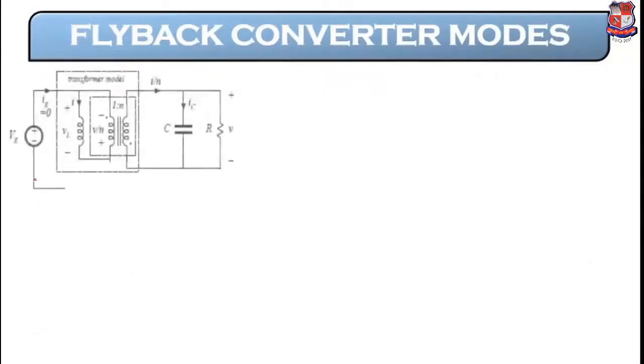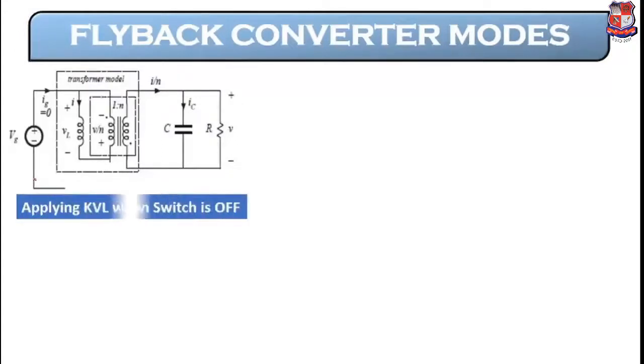In this we will be studying how to write the KVL equations for when the switch is off. So when the switch is off, what will happen? V2 is equal to VO. When the switch is off, we know that the voltage across this is plus and this is minus, and this is our V2. Let me write this again.